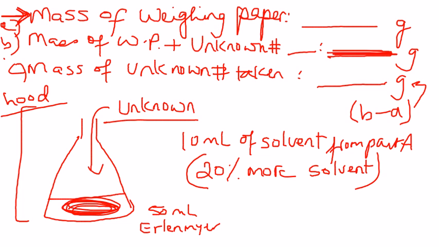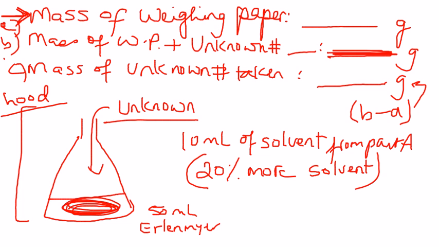So if you started with, let's say, 10 milliliters, you can add up to 2 milliliters more and then reheat it. As you reheat it, you will probably realize that it should again go in, and that's a good thing, because you want to maximize your percentage recovery. You want to make sure that in the beginning a lot of your compound goes in.